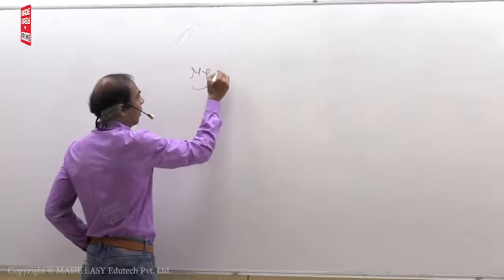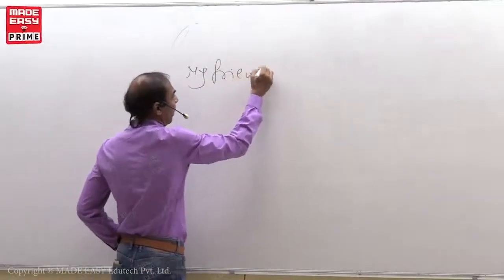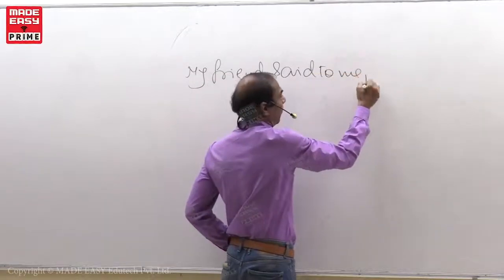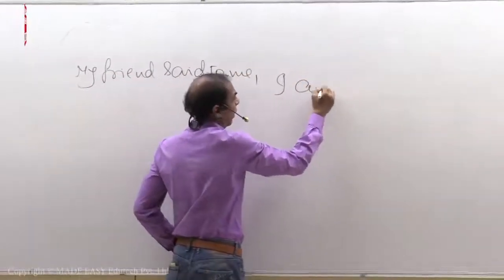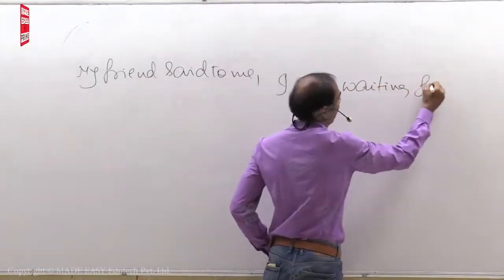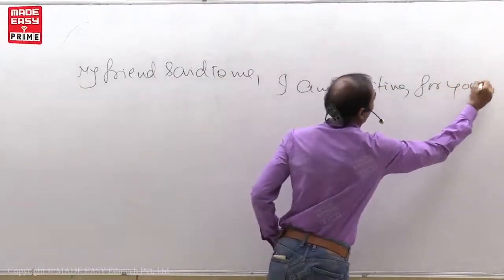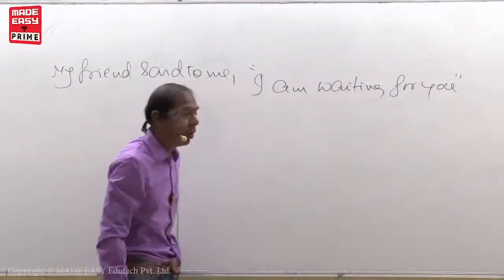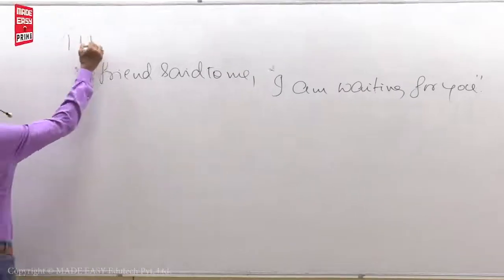See, my friend said to me, "I am waiting for you." My friend said to me, I am waiting for you. Now, again, three rules.